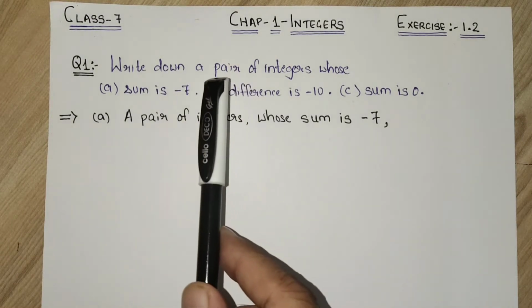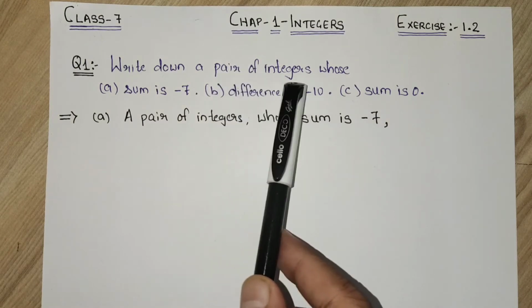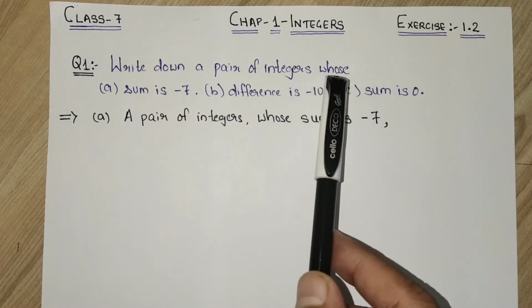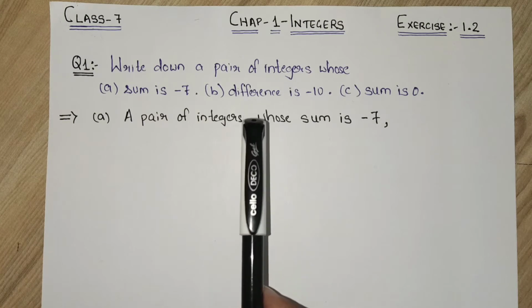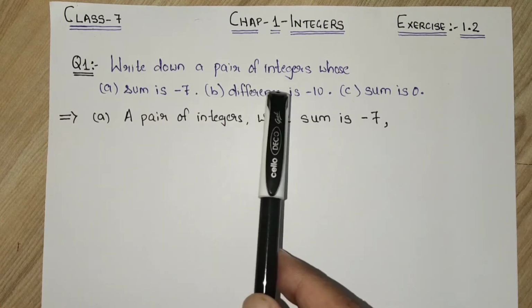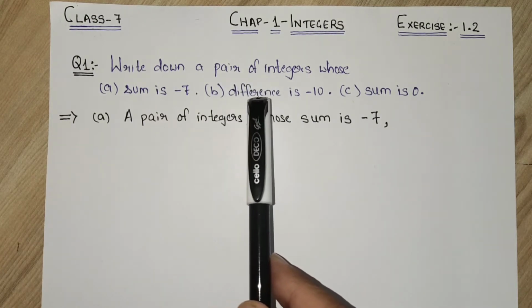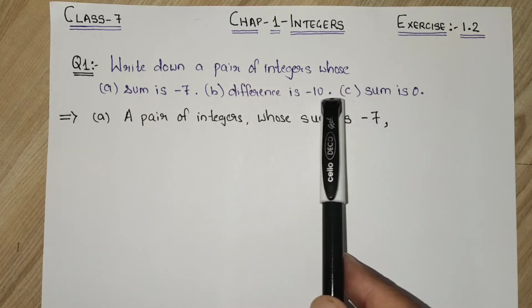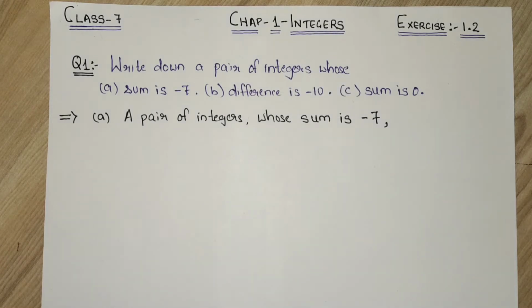Next, a pair of integers whose difference, that means we take two integers and subtract them, gives the answer -10. We have to find two numbers whose difference is -10.